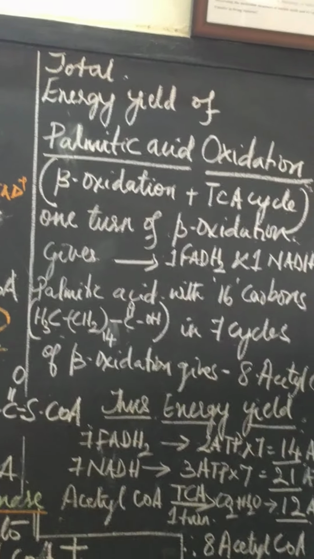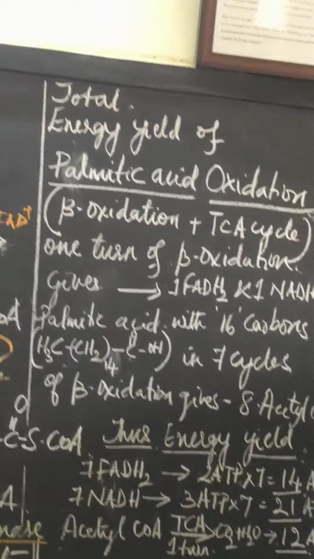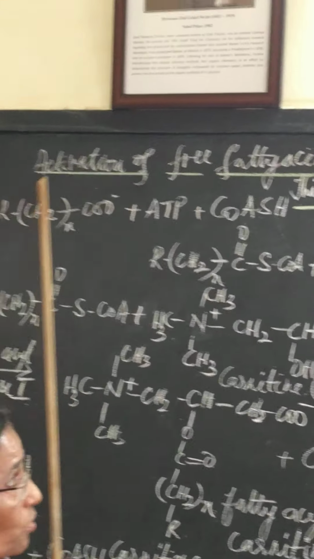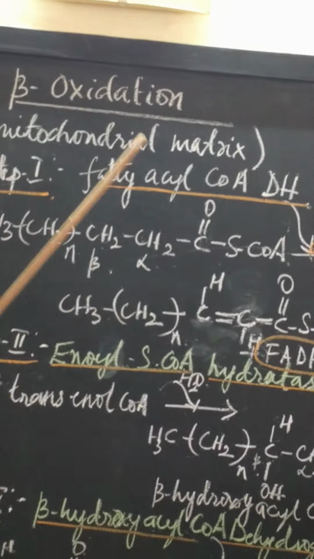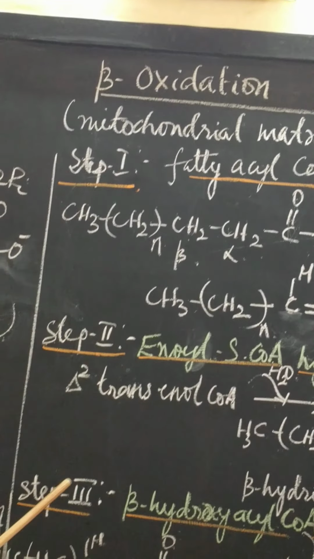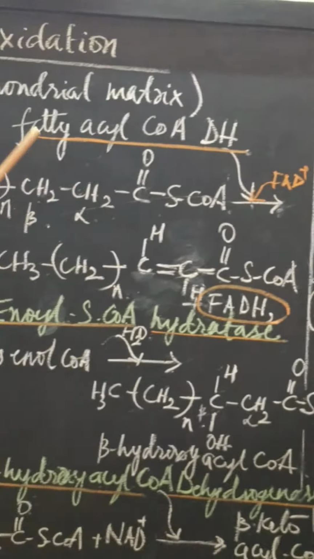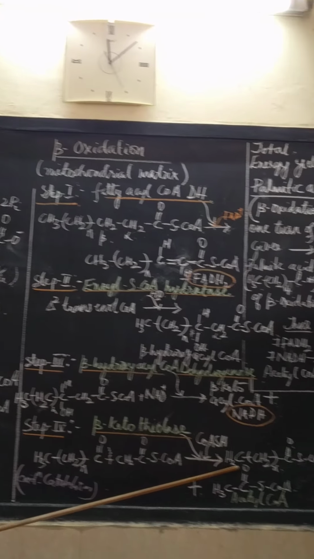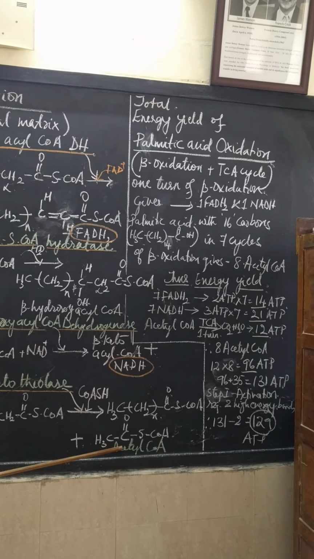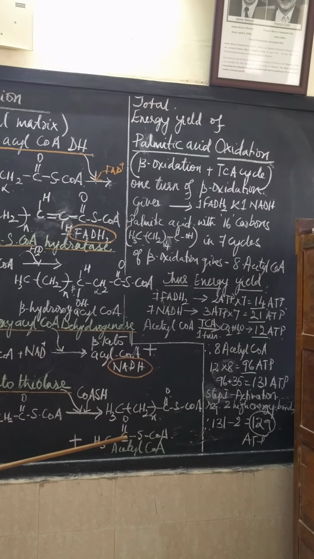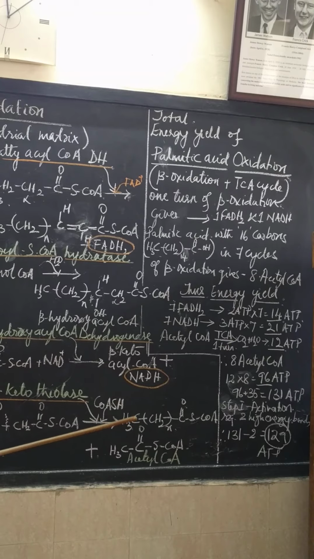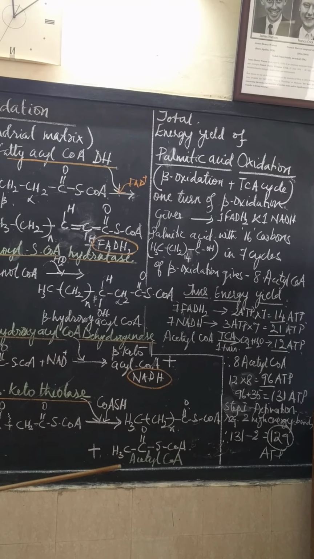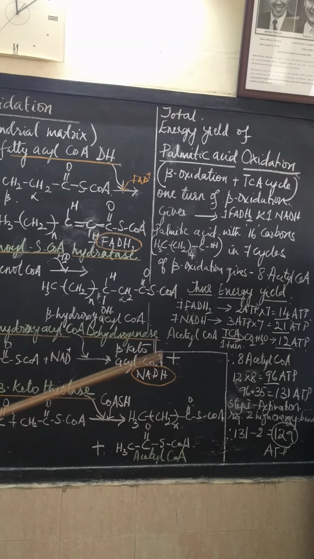For your convenience, I have divided this whole board into activation of fatty acid, which happens in the cytosol, and beta oxidation, these 4 steps. You have to remember the various enzymes, they are all very simple. It happens in the mitochondrial matrix, in which I got fatty acyl-CoA and acetyl-CoA. The reactions of the TCA cycle also happen in the mitochondrial matrix itself.